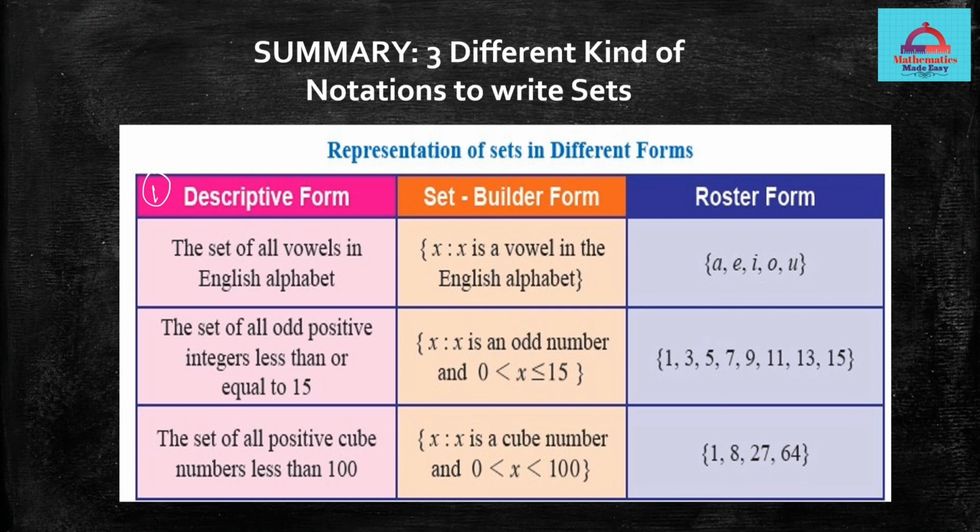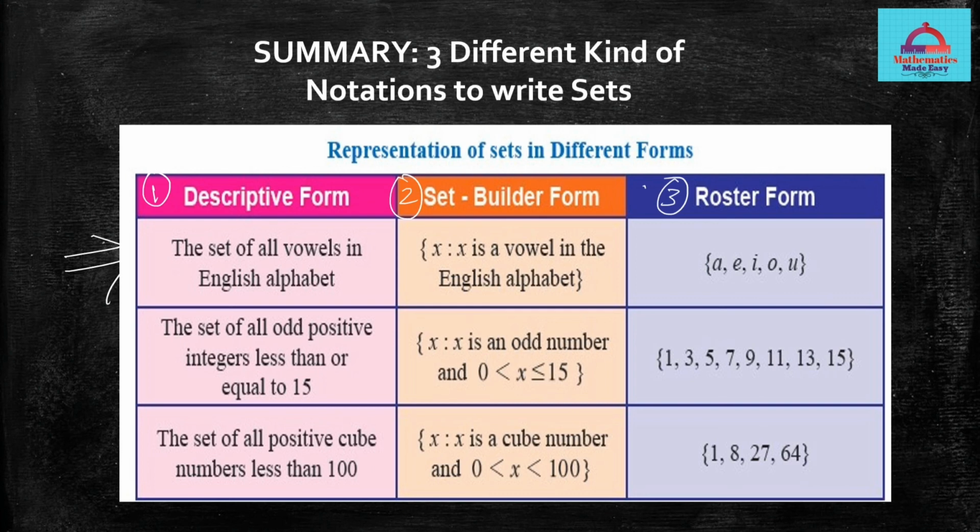For example, let's take the first part here, the set of all vowels in the English alphabet. So you all know that there are going to be 5 vowels, and you can list them in the roster form like this. So A, E, I, O, U inside the curly brackets.